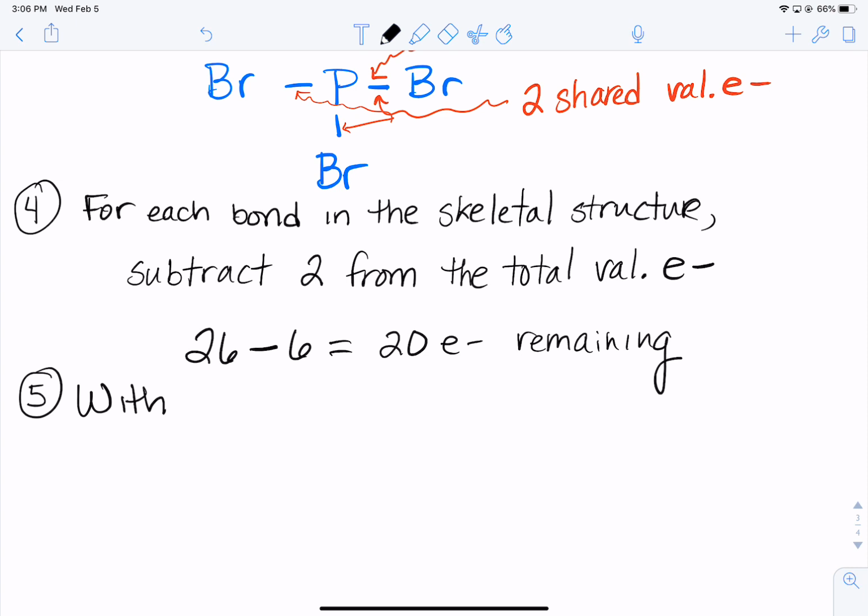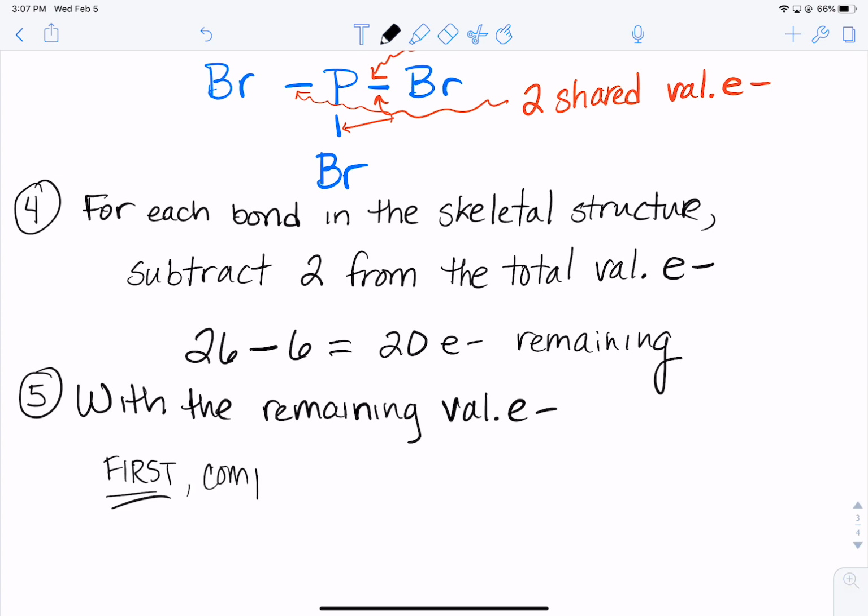With the remaining valence electrons, first, complete the octet for the terminal atoms.